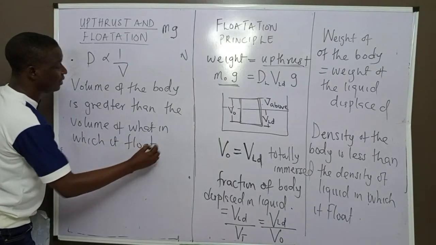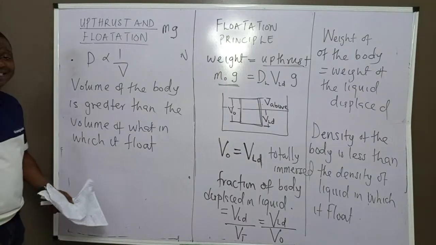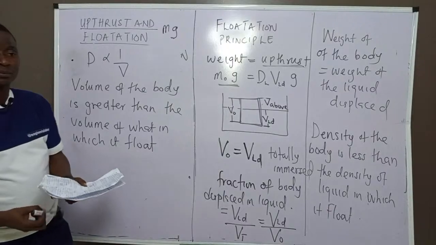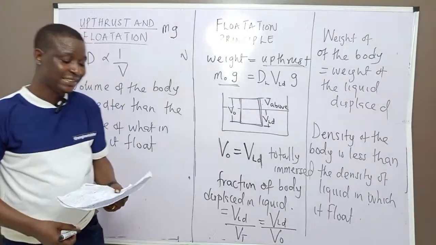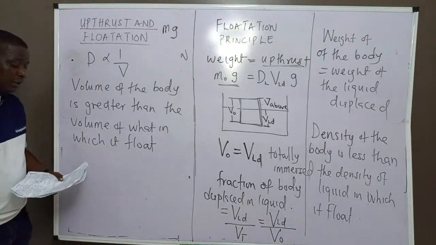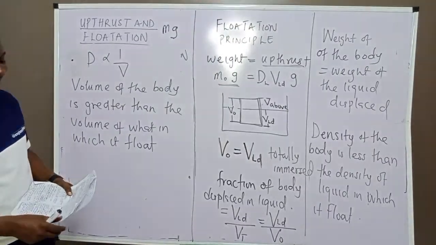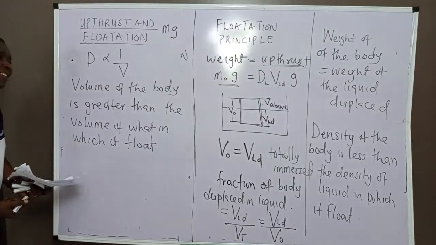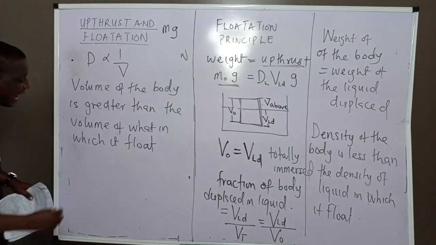That is to say, the higher the density, the higher the flotation; the lesser the density, the lesser the flotation. That is to say, a body sinks lower in a lower density and sinks higher in a higher density.